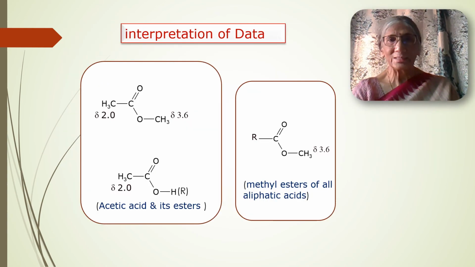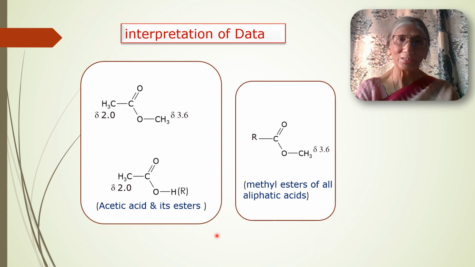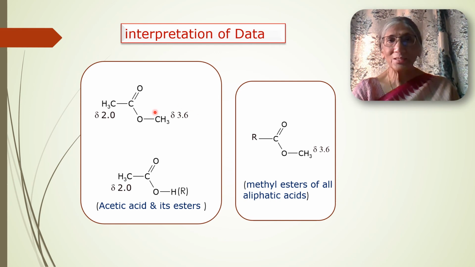By looking at the NMR spectrum, we can predict that it is the spectrum of a methyl ester of an aliphatic acid. How can it be interpreted? Because in the methyl esters, the methyl protons which are bonded to this oxygen will show the signal at 3.6. So here the value of R can be anything.